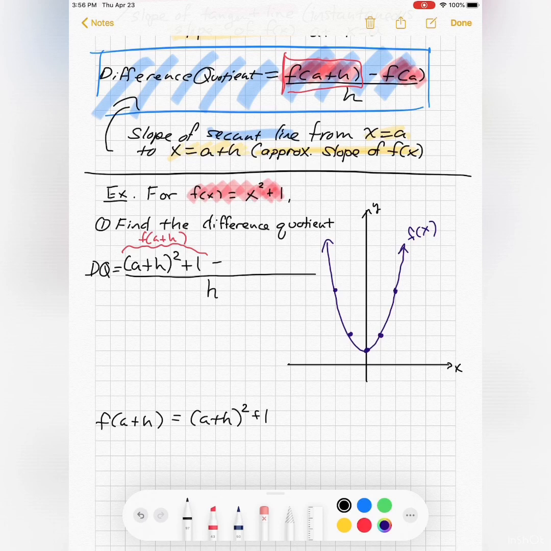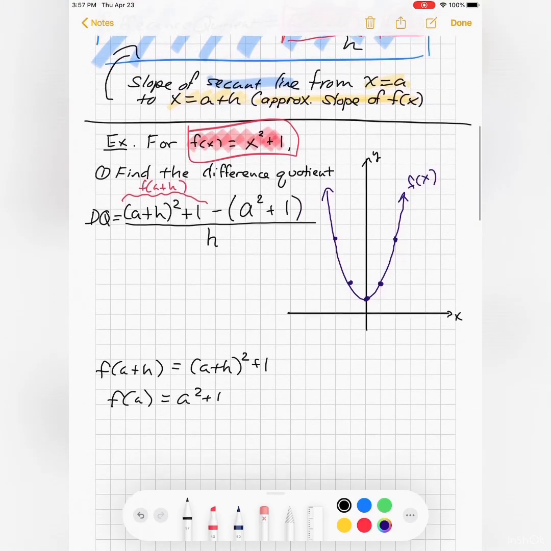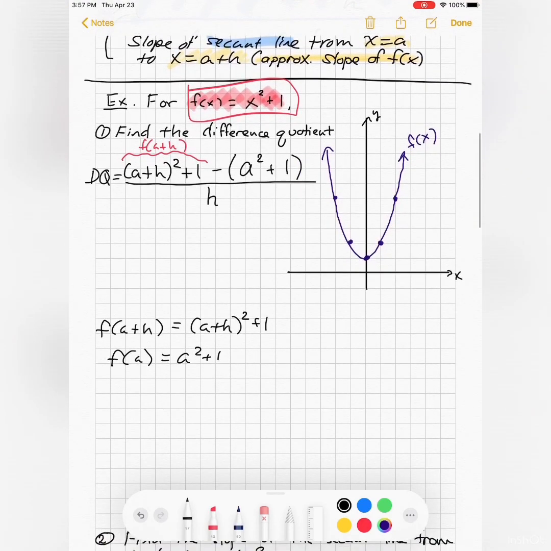Okay, then I have a minus, and then I have to put f of a. Well, that's really easy. If I plug a in my function, isn't that just a squared plus 1? Okay. Then I just need to simplify my difference quotient.